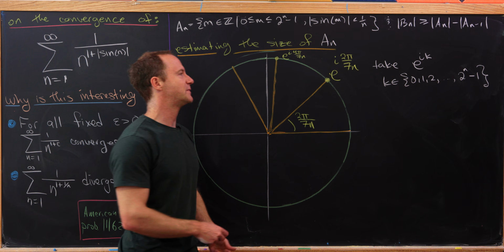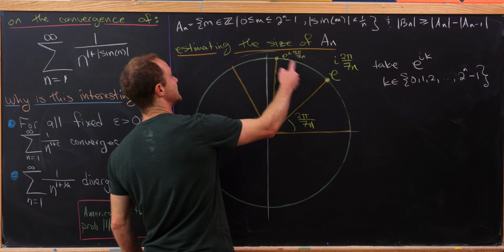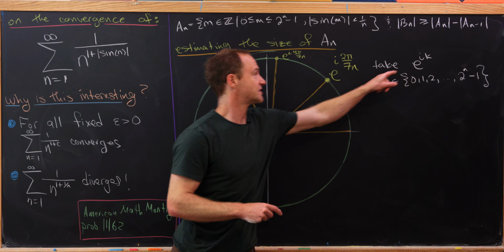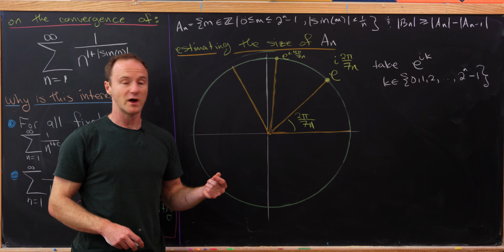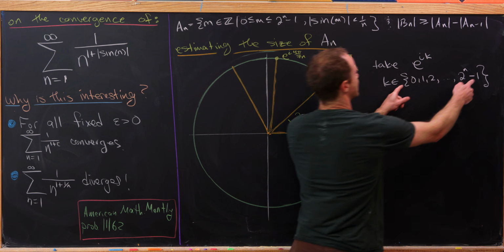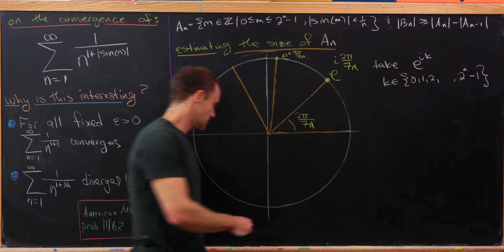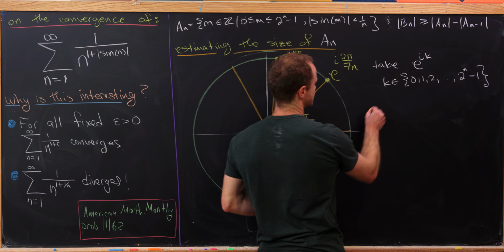And now let's notice by the pigeonhole principle, there'll be one of these 7n arcs that contains a certain number of these. And what number is that? Well, it's the number of elements in this set divided by 7n. So let's write that down.